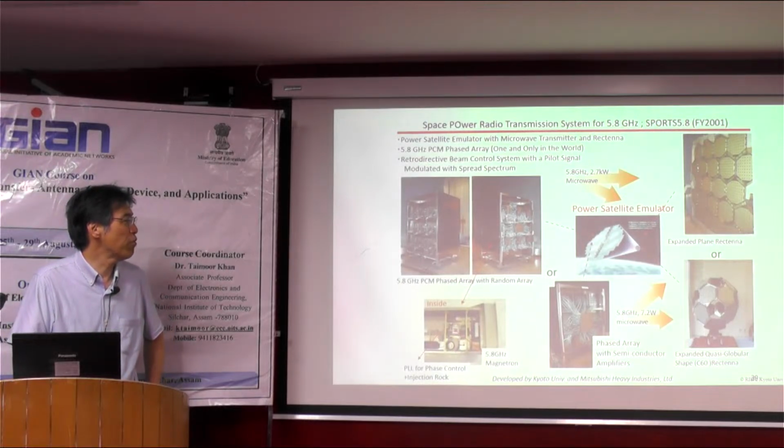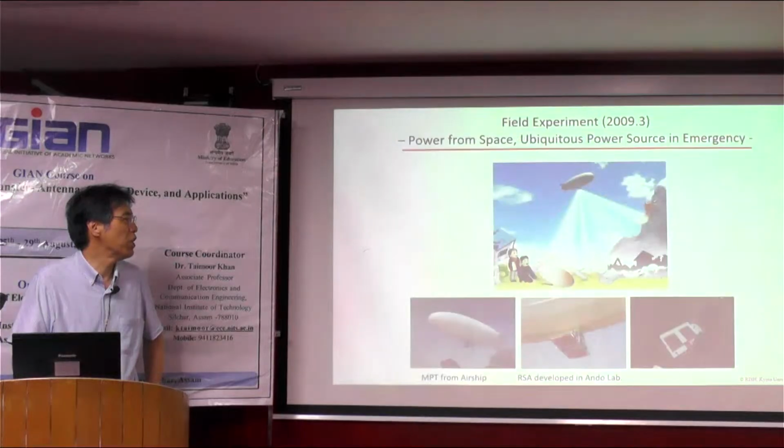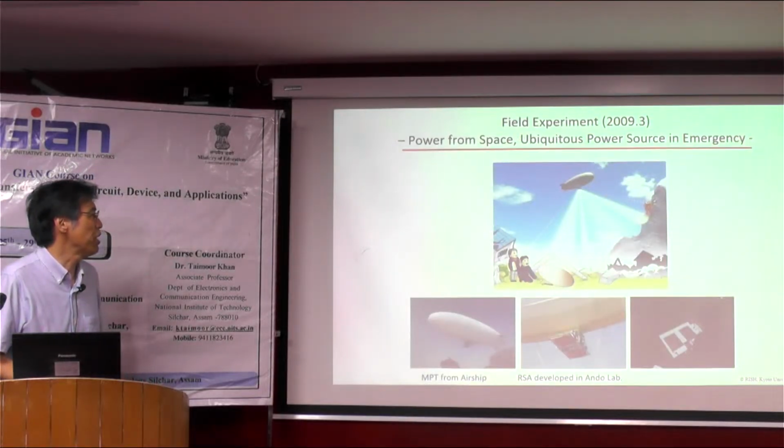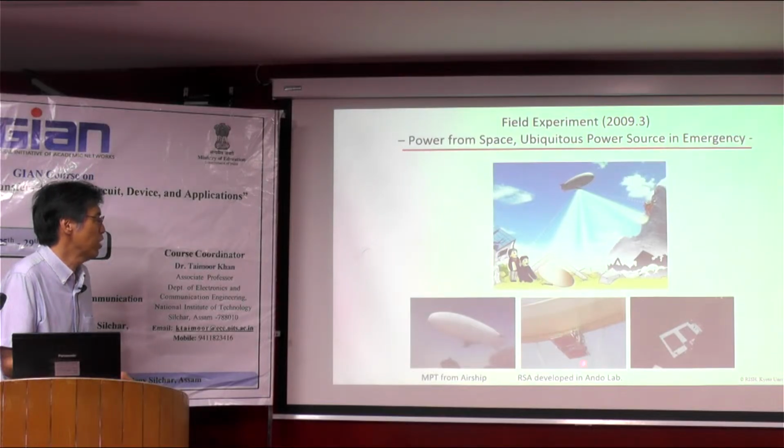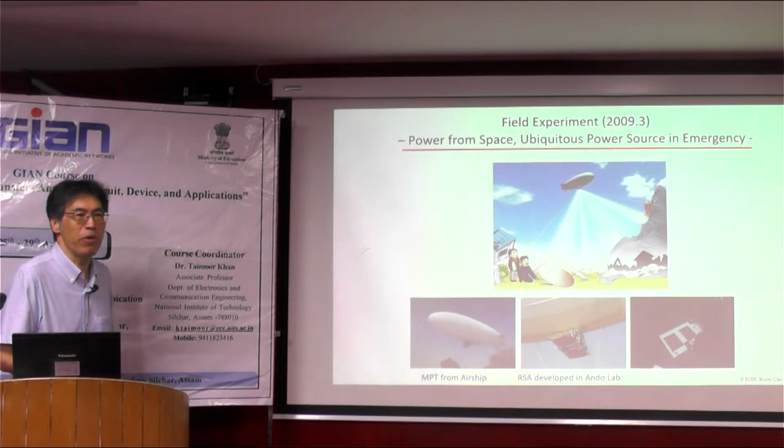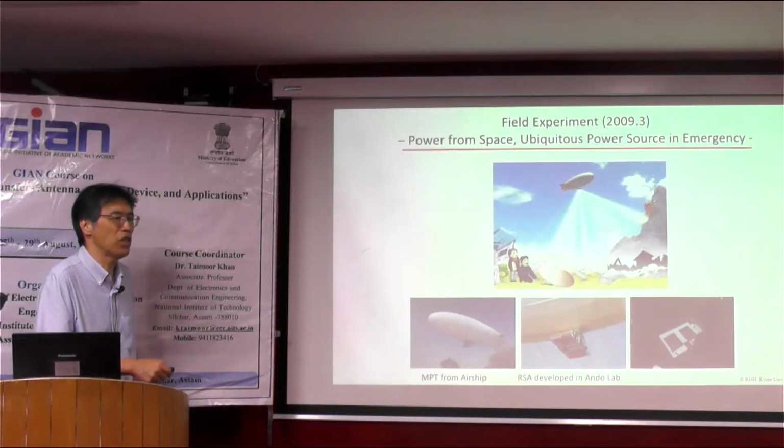And with the help of the magnetron, we demonstrated one interesting experiment outside of the laboratory. We installed a 2-phase controlled magnetron phased array antenna on an airship. Our image of this experiment is to help support an emergency or disaster area.